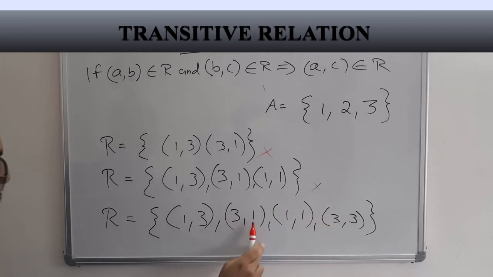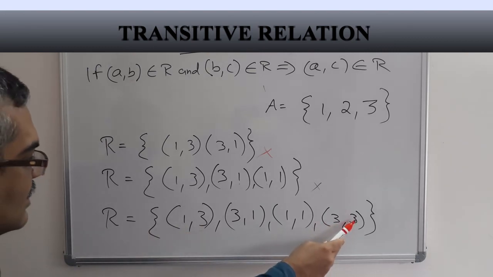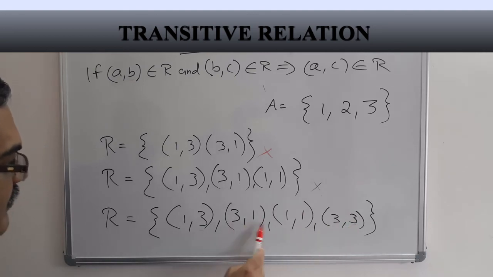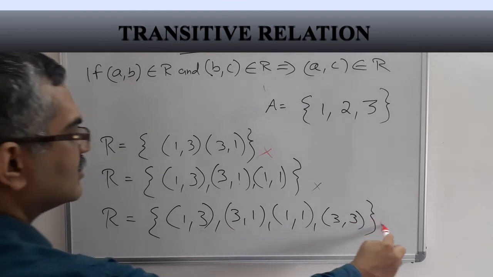And for 3 comma 1 and 1 comma 1 we have a 3 comma 1, that's here itself. And there is 1 comma 1 and we have a second 1 comma 3, and that should give us 1 comma 3 as the third, and that is also present. And if we take this as the first one, that is 3 comma 3, we check for the 3 present anywhere else. So this is the second one, 3 comma 3 and 3 comma 1, we expect a 3 comma 1, that is present. So we have all the conditions satisfying here, so it is a transitive relation.